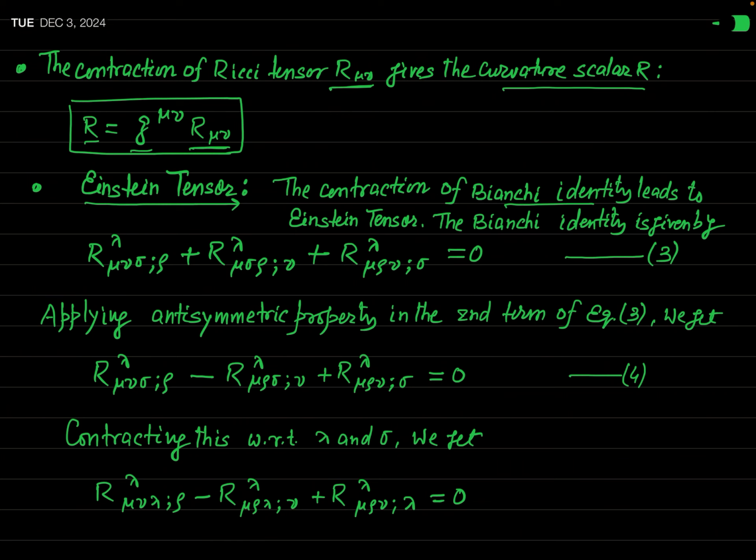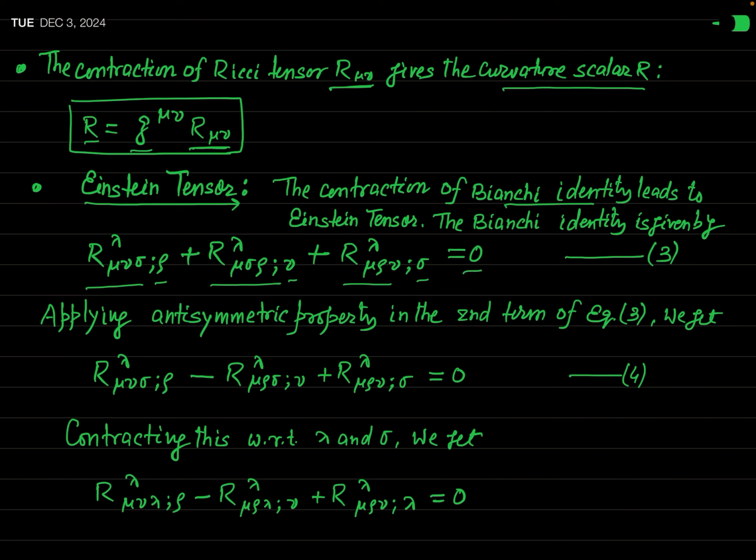this Bianchi identity. You have seen that the Bianchi identity is defined like this. This is the covariant derivative of the Riemann tensor R lambda mu nu sigma with respect to rho, plus the covariant derivative of the Riemann tensor R lambda mu sigma rho with respect to nu, plus the covariant derivative of the Riemann tensor R lambda mu rho nu with respect to sigma, and the sum of these three covariant derivatives is equal to 0.